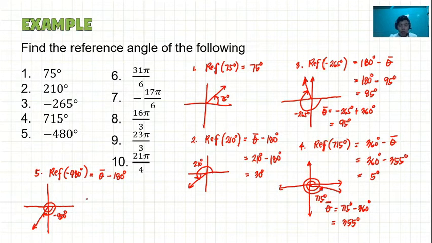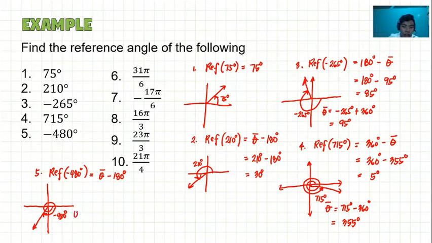So how many revolutions do we need so that, pag i-add natin siya, the result will be between 0 to 360 degrees. So this angle is more than one revolution at negative. So therefore, we will add two revolutions to have a coterminal angle between 0 to 360.